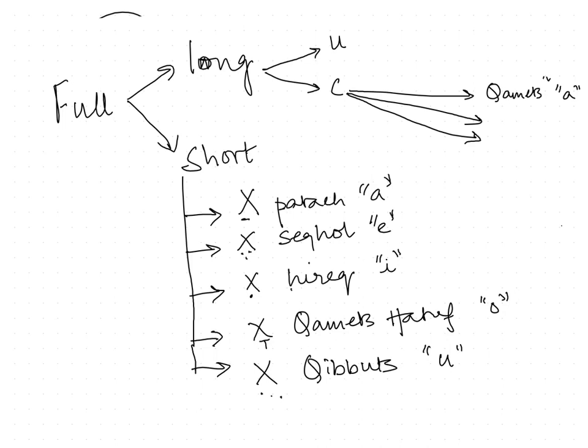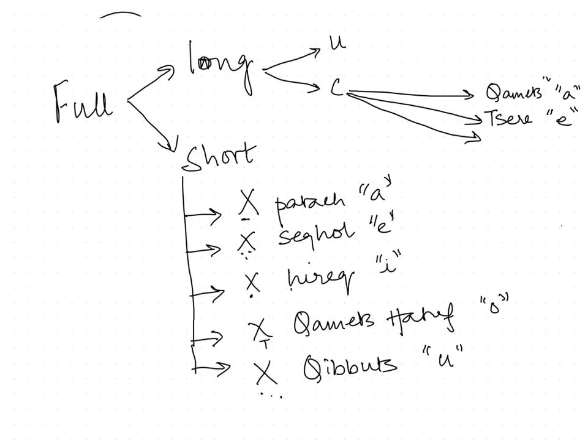The answer is yes, I have a tsere, which makes the long A sound. Kametz makes the A sound, the tsere makes the A sound. Okay, tsere is E.